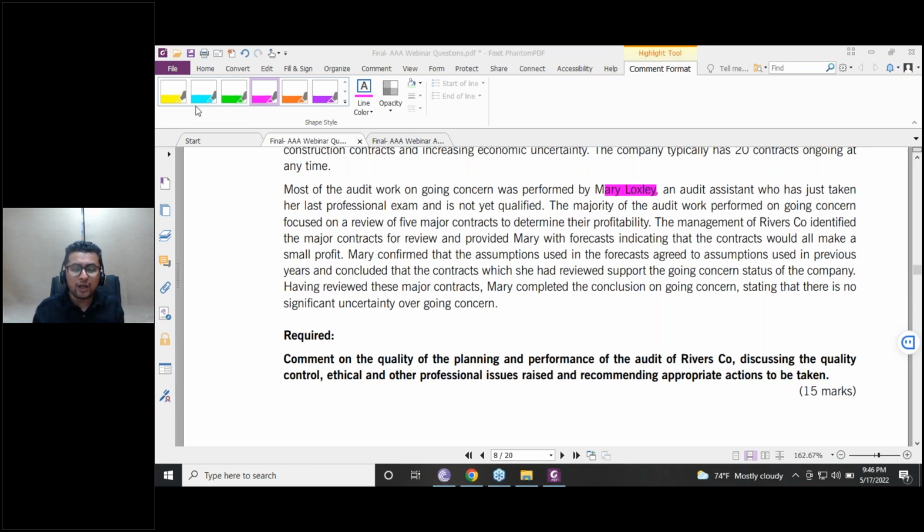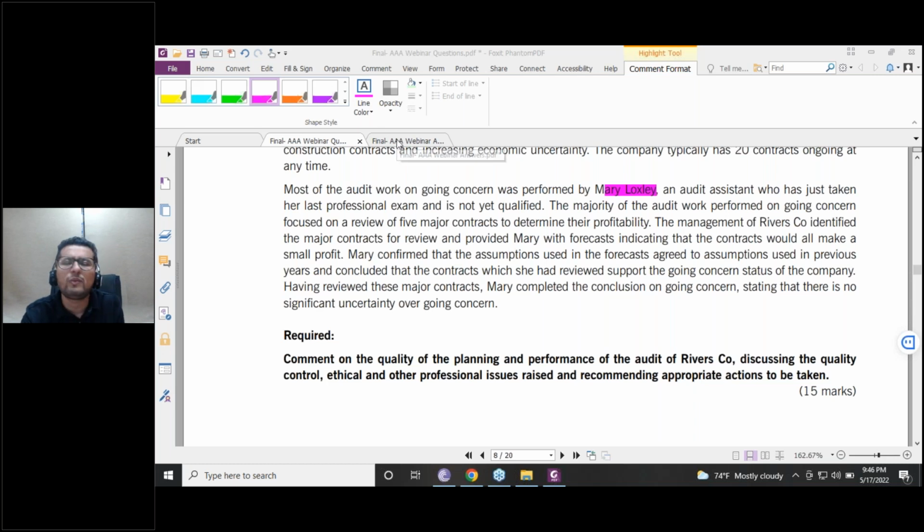This is a serious compromise. This is not in line with ISQC1. You should have allocated the resources to the right individual. Audit of the going concern should have been allocated to the right person. Having that particular individual, Mary, might not bring good enough professional skepticism because she's not qualified.